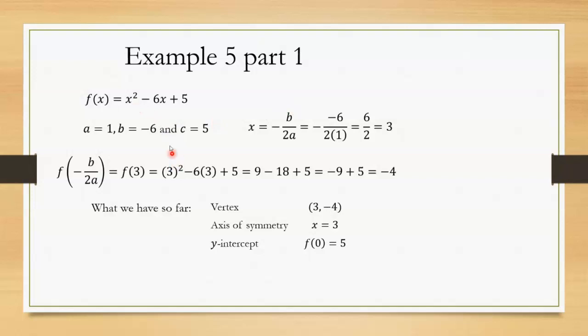Plug it in, we get 3 squared minus 6 times 3 plus 5. And that turns out to be 9 minus 18 plus 5, which by direct calculation is minus 4. So we have our vertex, right? The x coordinate. The function values are always the y coordinate. So we have 3, minus 4.